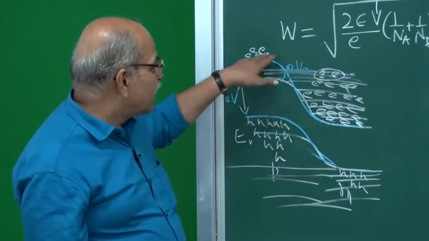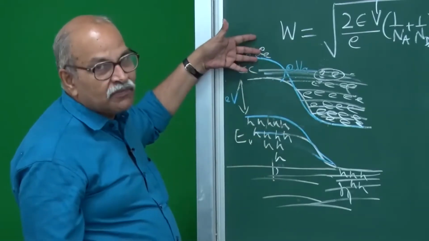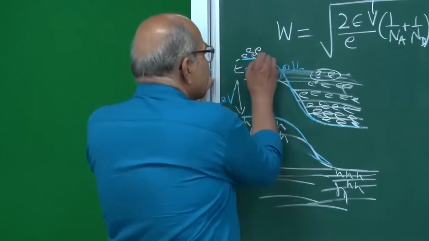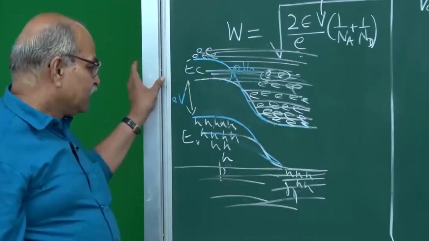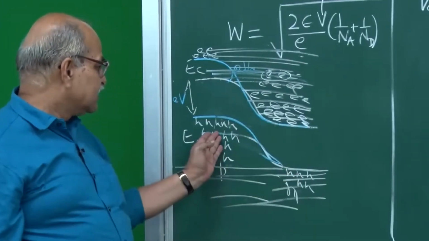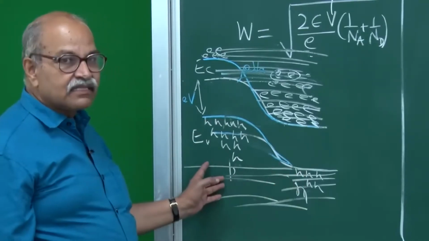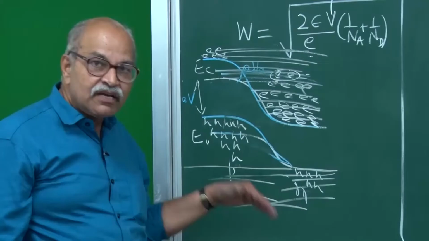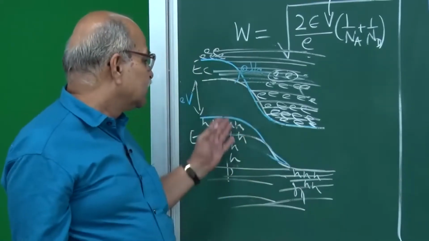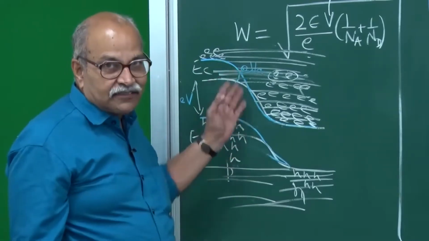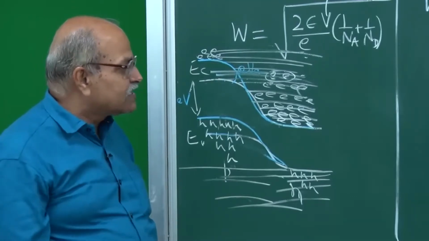Even in reverse bias, even if this EC has gone up here, no problem for these electrons, they can always go to this n side. And similarly for these holes, even if this EV has gone up, no problem for these holes, they will just go. Hence in reverse bias, the drift is not affected by this increase in barrier. So you will have drift current essentially the same.